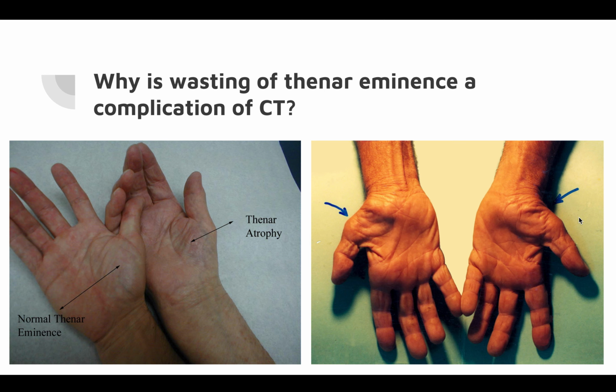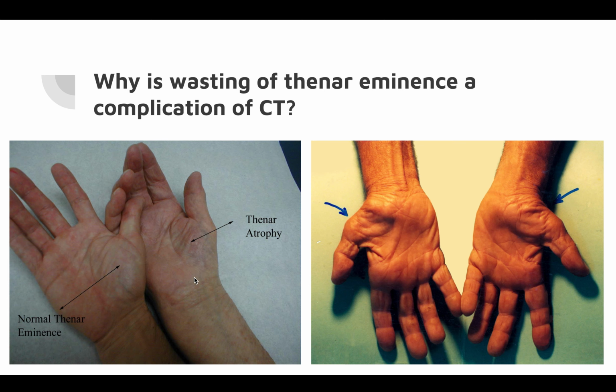Why is there wasting of the thenar eminence, and why is that a complication of carpal tunnel syndrome? Well, ladies and gentlemen, through the carpal tunnel we have obviously something supplying this thenar eminence over here, and that is the recurrent branch of the median nerve.